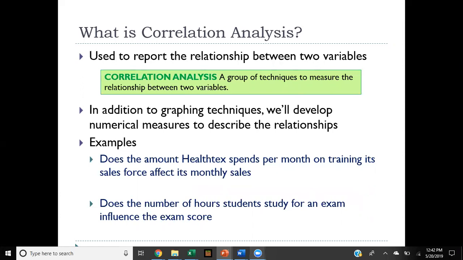And once we determine that a relationship exists, I'll be interested in determining the direction of that relationship. Is it a positive relationship where if one variable increases, the other one increases? Or is it a negative or inverse relationship where if one variable increases, the other one decreases? Or is there no relationship at all? I'll also be interested in determining the strength of that relationship.